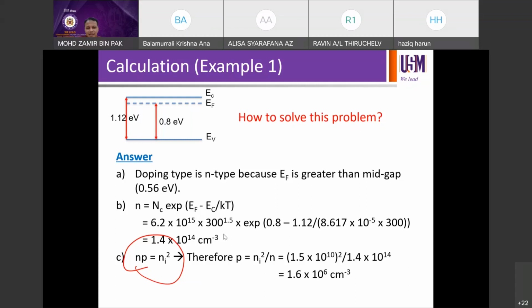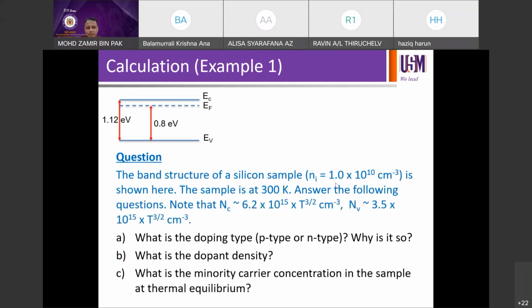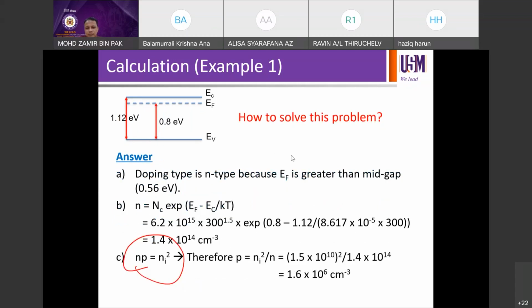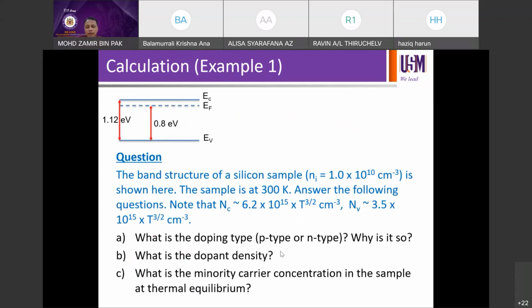Good, Bala. So if you see the question, what is the ni given? 1.0, right? But the calculation used 1.5. Well, it's my mistake, but I want you to realize that. If the question doesn't say your ni, you can use either one.